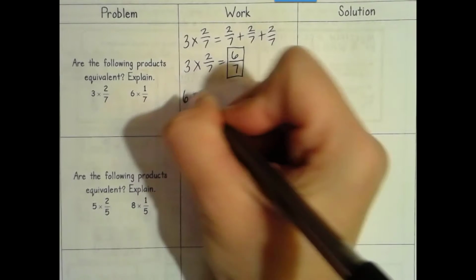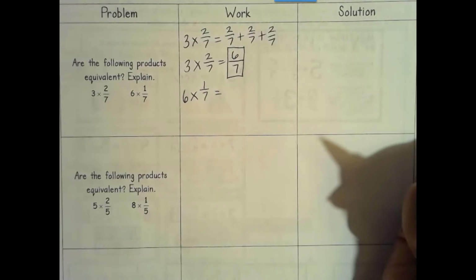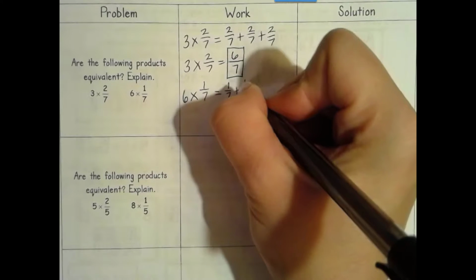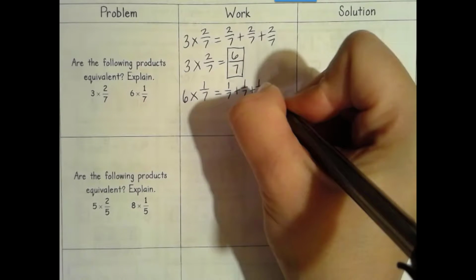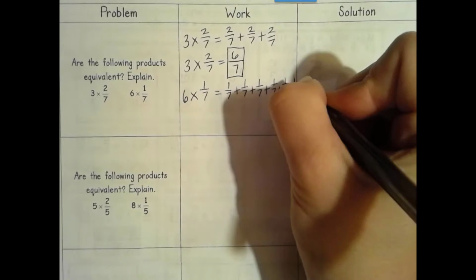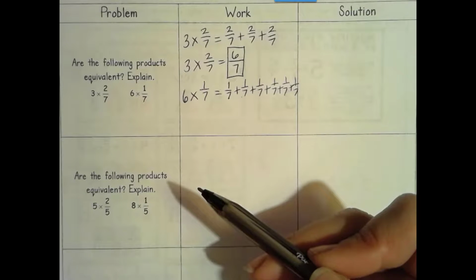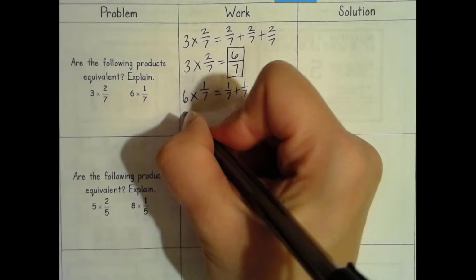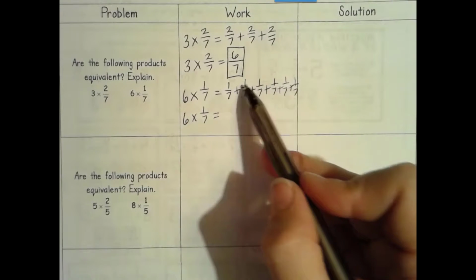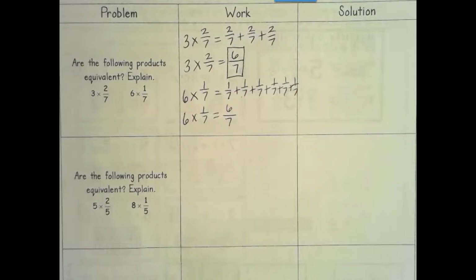Okay, now let's see. What this means is I am joining together 1/7 and 1/7 and 1/7 and 1/7 and 1/7 and 1/7. So that's 1, 2, 3, 4, 5, 6 of them. If I'm joining together 6 of them, that would be 6 sevenths.